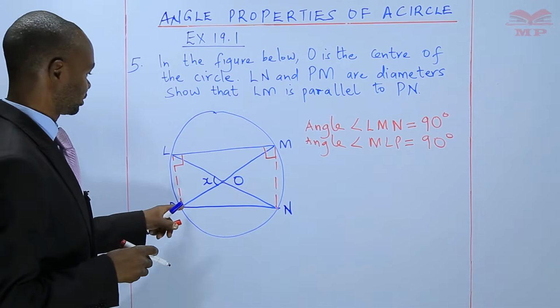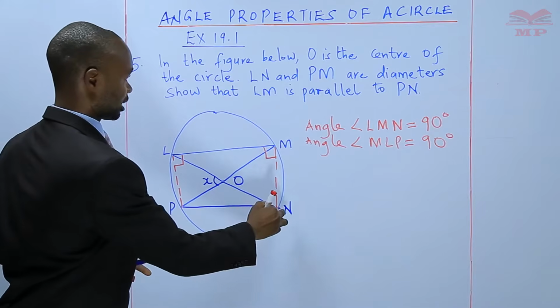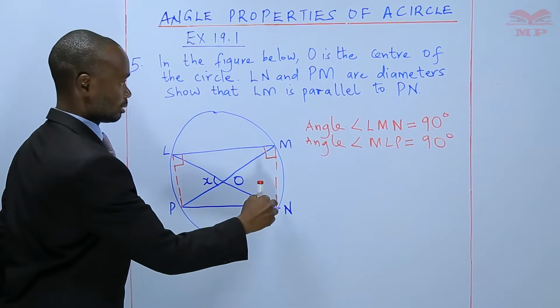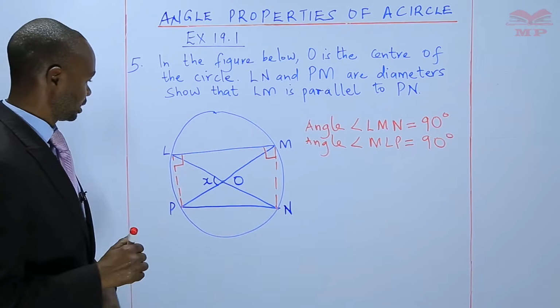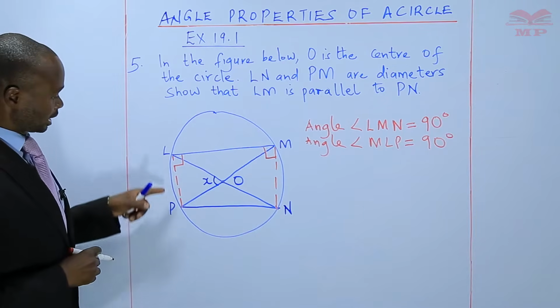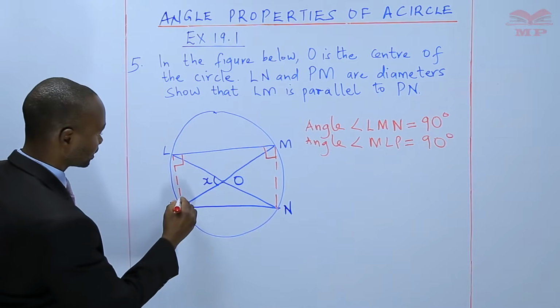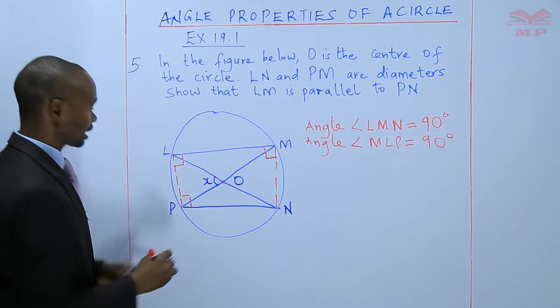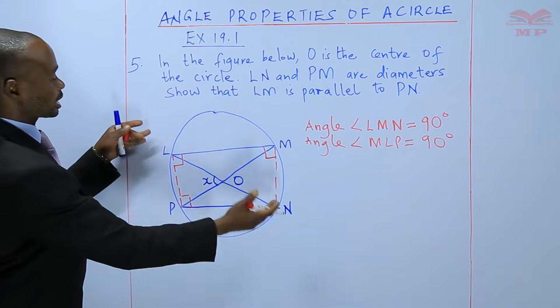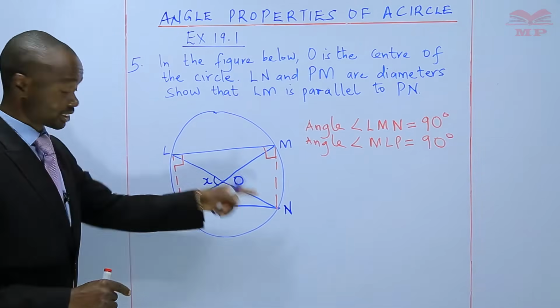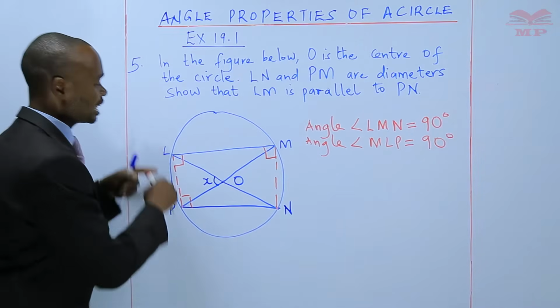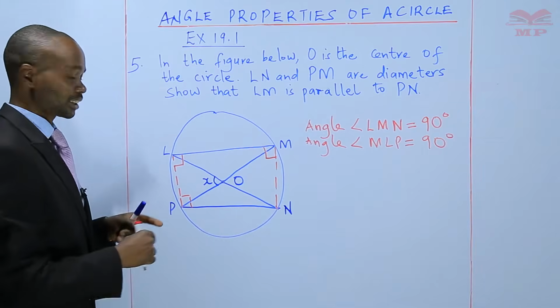So we've got angle LMN, and we've got angle MLP. We can also get angle LPN, which is a right angle because it is subtended by chord LN. A diameter subtends a right angle on any point on the circumference.